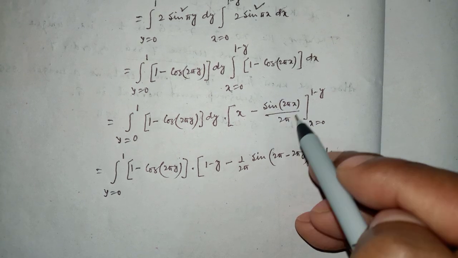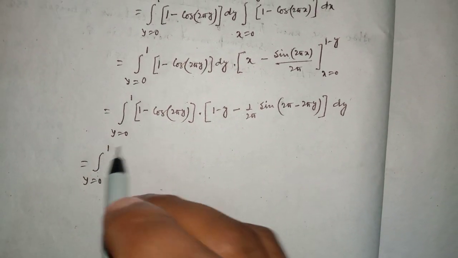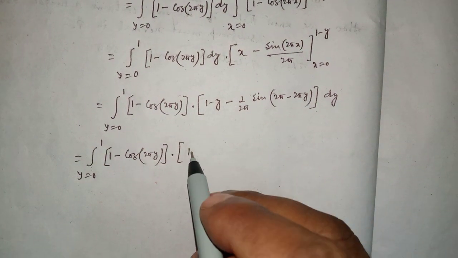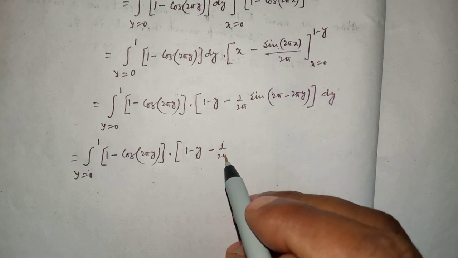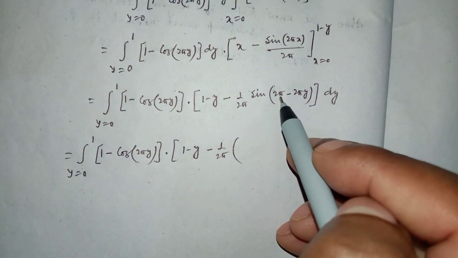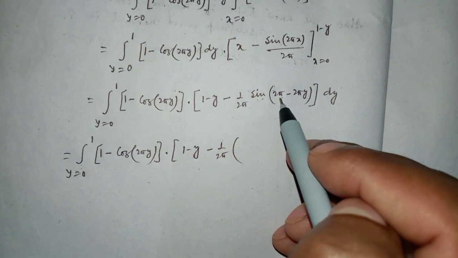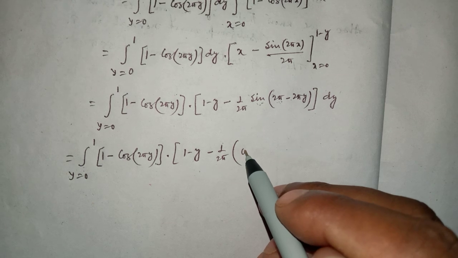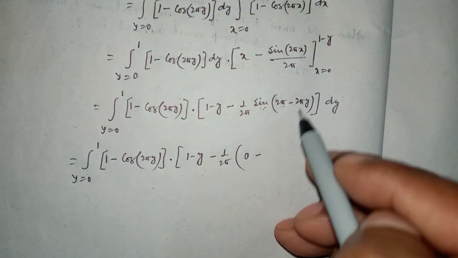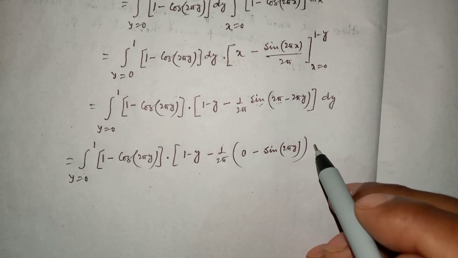Using sin(a minus b) equals sin a cos b minus cos a sin b, sin 2π is 0 and cos 2π is 1, so we get minus sin 2πy.